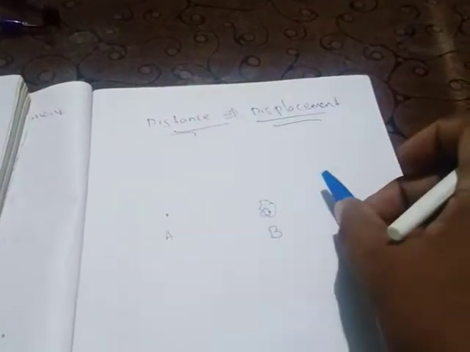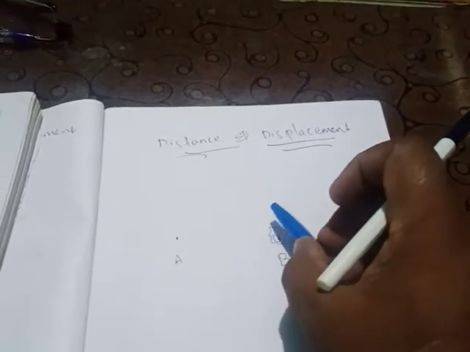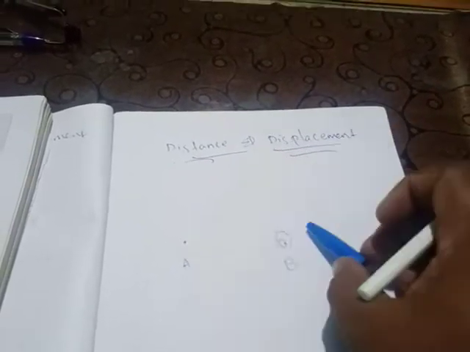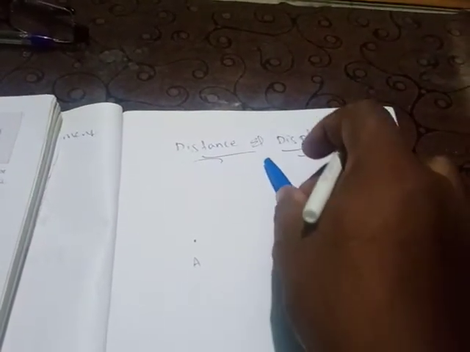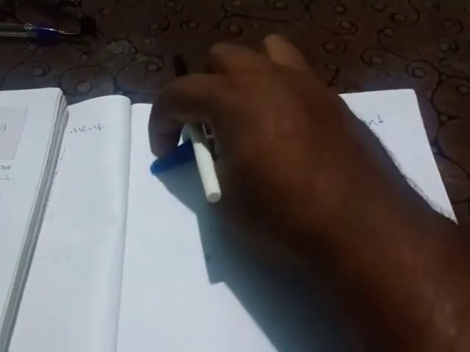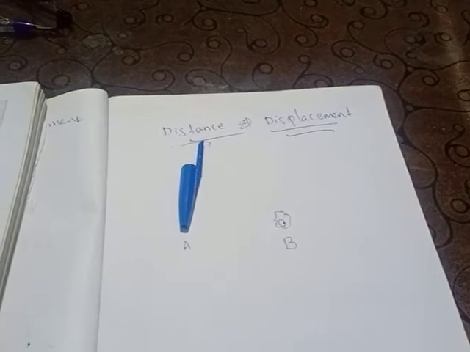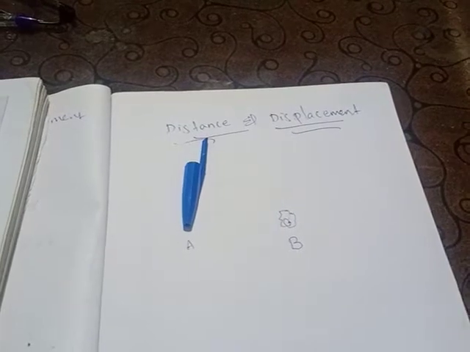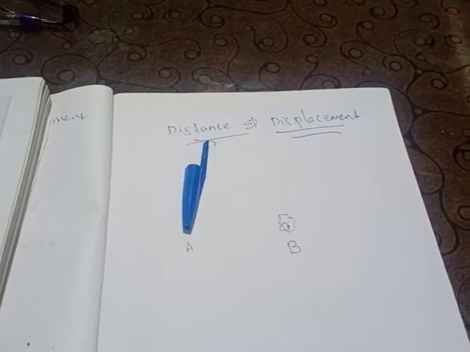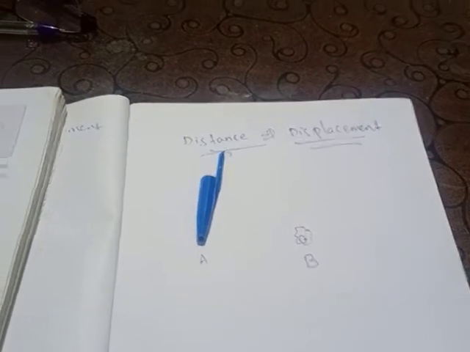The same thing, if you want to reach from the point B to A, sometimes we choose this way. Like this, we will reach this point A. And this is what we call distance. It means the actual path length traveled by an object in the given interval of time during the motion.